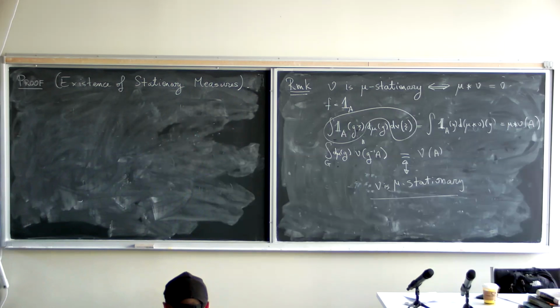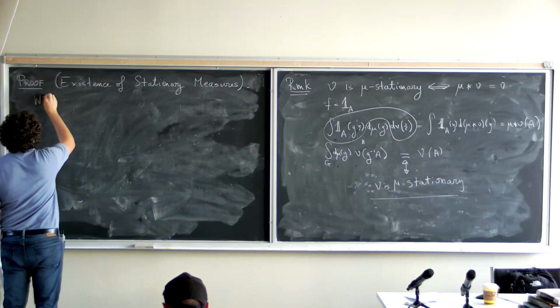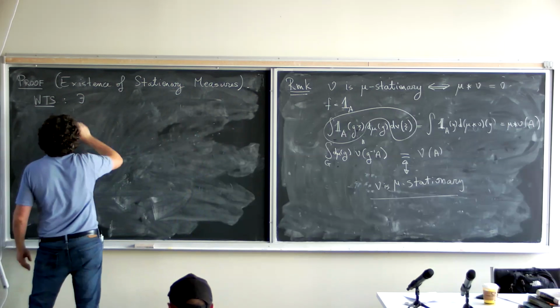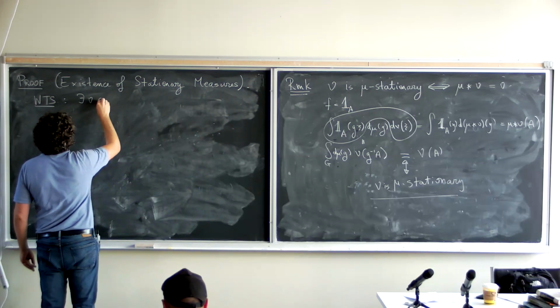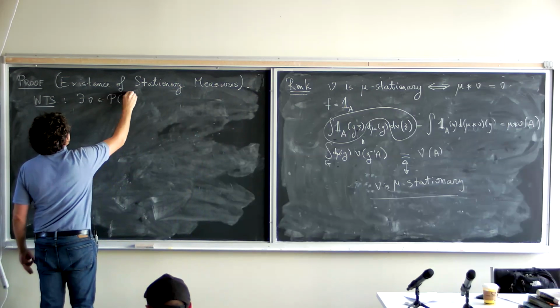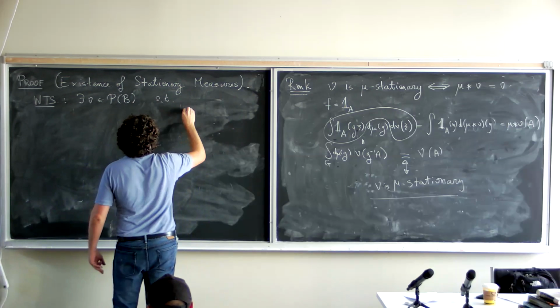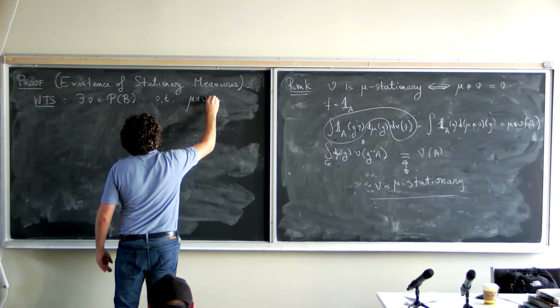So we want to show that there exists some measure nu in the space of probabilities on B such that mu star nu equals nu.